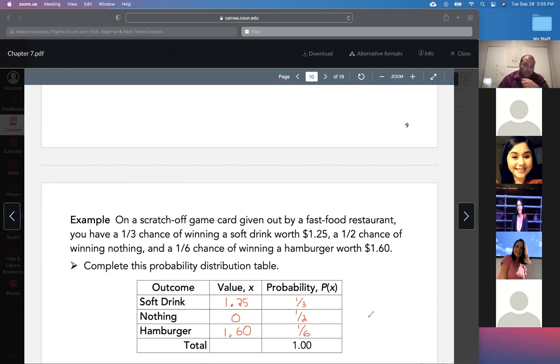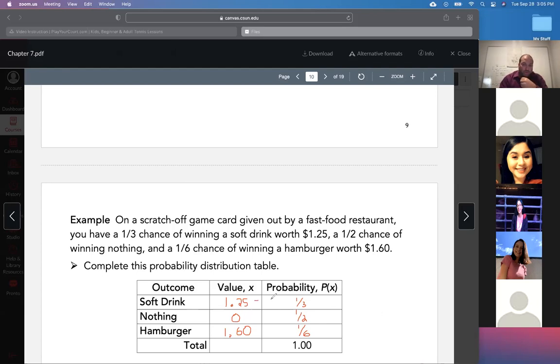Okay, so the goal here is to calculate the expected value. We multiply every outcome on the left by its probability, and then we add them. When we do that, what do we get? $2.85, if you add all the values.